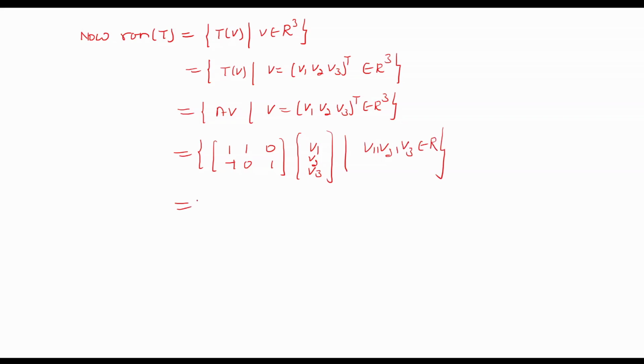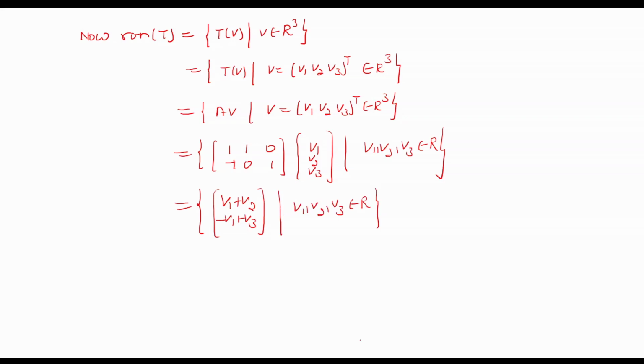So this is equal to (V1 plus V2, minus V1 plus V3). So the set of all such vectors, where V1, V2 and V3 are some real numbers, will constitute the range of T.